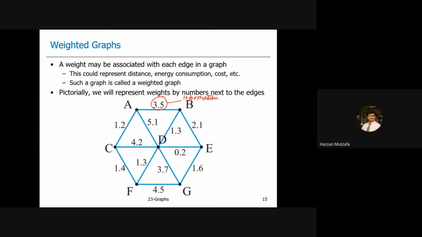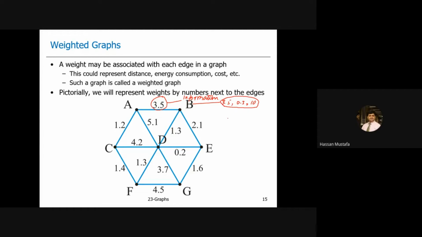Maybe we can have a breakdown: 3.5 kilometers, or 3.5 miles, for which I have used maybe 0.3 liters of petrol, and then the cost of the lunch was maybe a few dollars, or a few rupees, etc. So we can represent all these three values and store them in one.